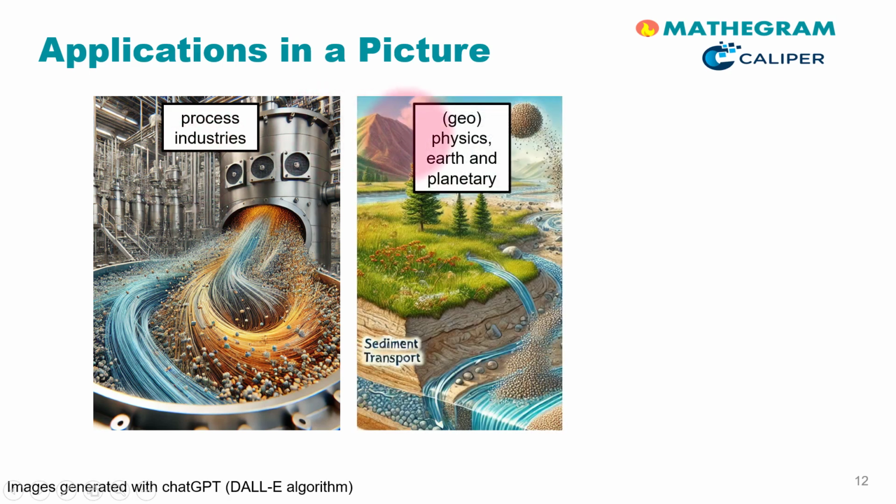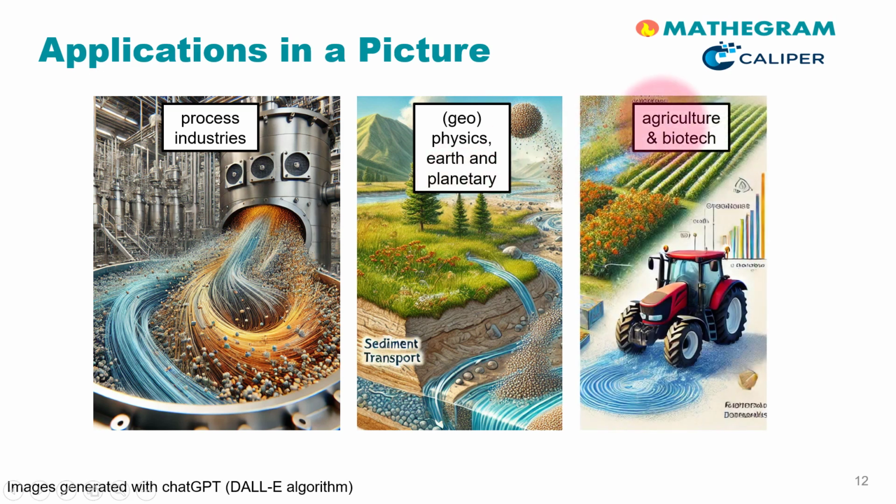Second, geophysical applications such as sediment transport and other applications in the earth and planetary sciences have contributed to the success of the DEM. Third, there are agricultural and biotechnological applications in which DEM showed its strength. The hay harvesting machine was just one example out of many.